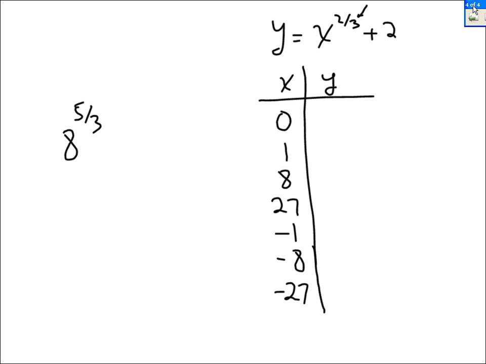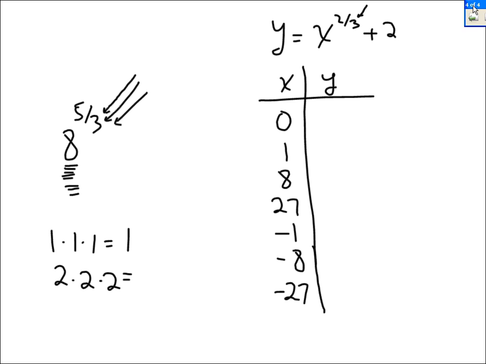First you ask yourself, what number do you multiply by itself 3 times to get this number? Well, it isn't 1. When I multiply 1 by itself 3 times, I don't get 8. But if you multiply 2 by itself 3 times, you get 8. So this becomes 2. Now raise 2 to the 5th power, and you get 32.